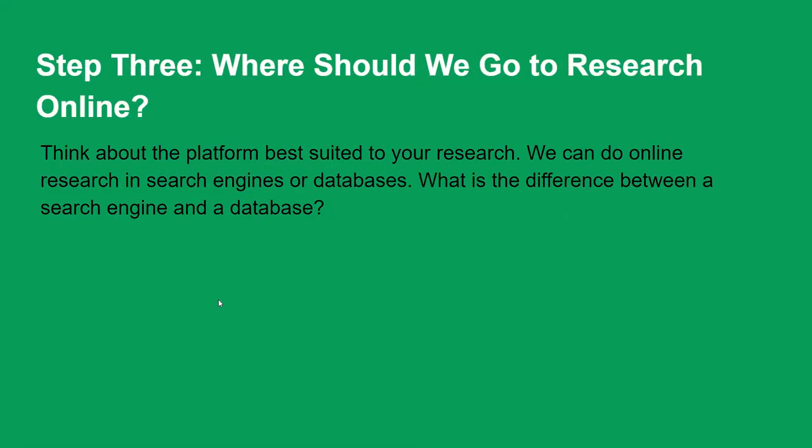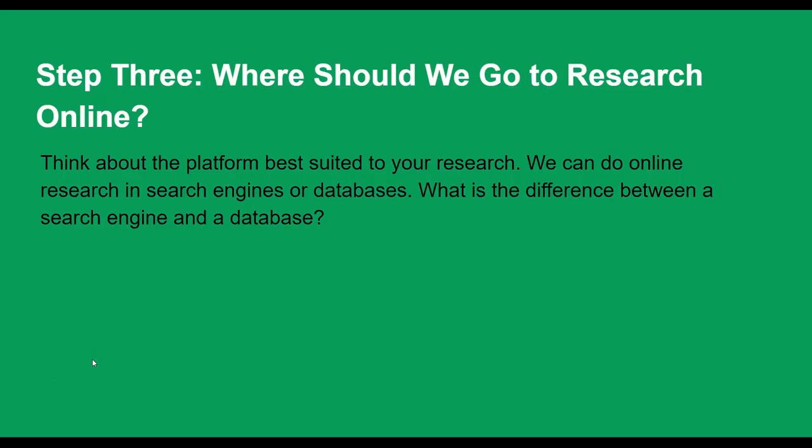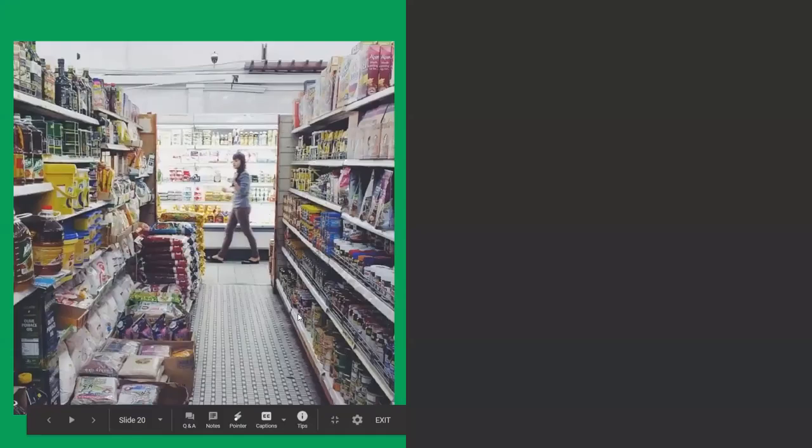So once we have our questions and we have our keywords, our next step is to think about the best place to do our research. And we can do research online in search engines or databases. So what's the difference? I often think about the difference between search engines and databases in the way that I think about grocery shopping.